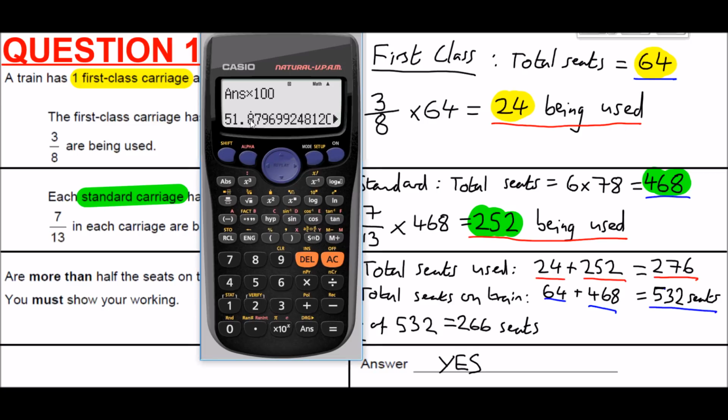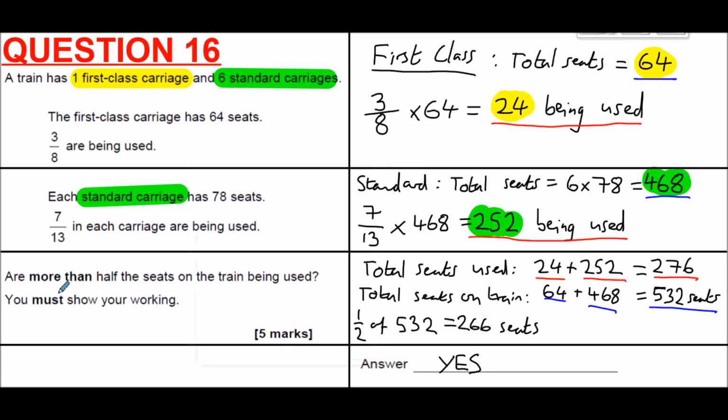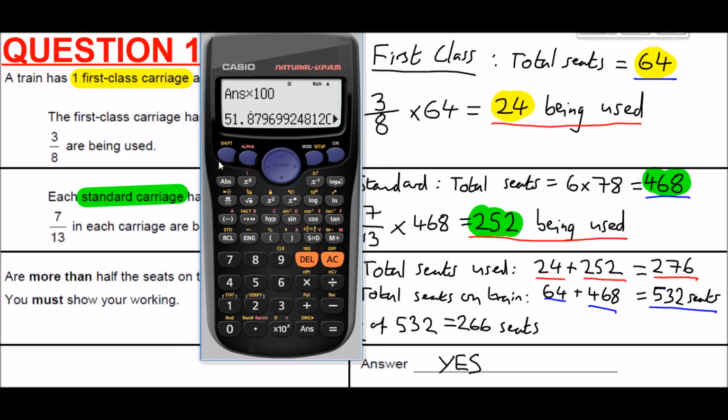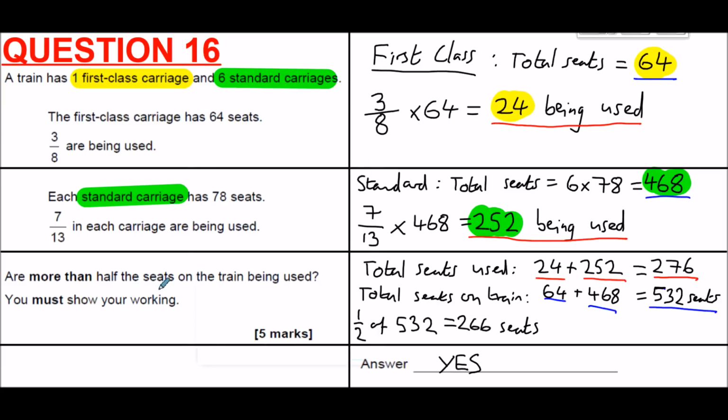That's roughly 52%. And so the percentage of seats being used is roughly 52%, whereas half would be exactly 50. 51.8 or 51.9, as it is, to one decimal place, is higher than 50%. Therefore, yes, once again, we could say that more than half the seats are being used. Not much more than half, but still it's more than half.